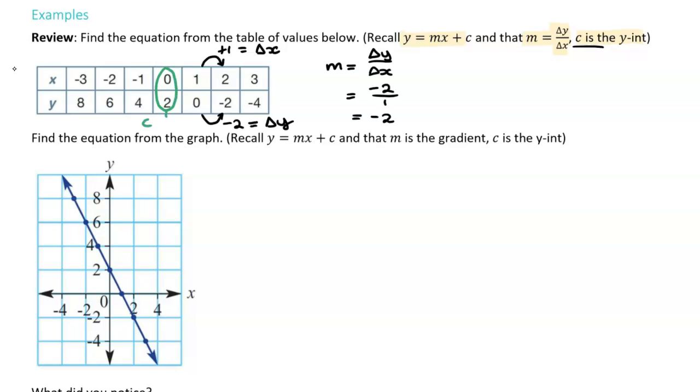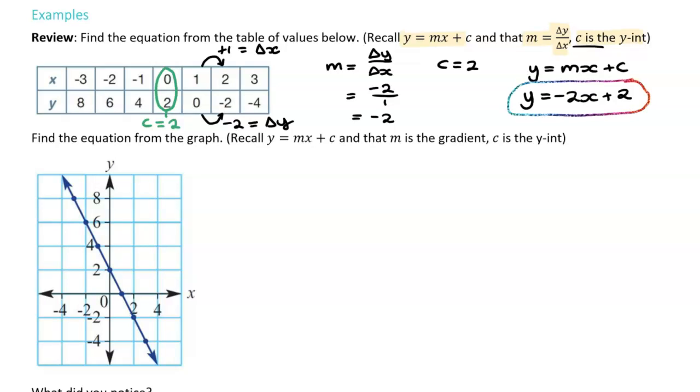So that means c equals 2 here. So let's note that down, c equals 2. So the rule, y equals mx plus c, could be written as y equals, instead of m, we're going to put -2x, and plus 2 on the end. That is the rule for the line that we've come up with here.